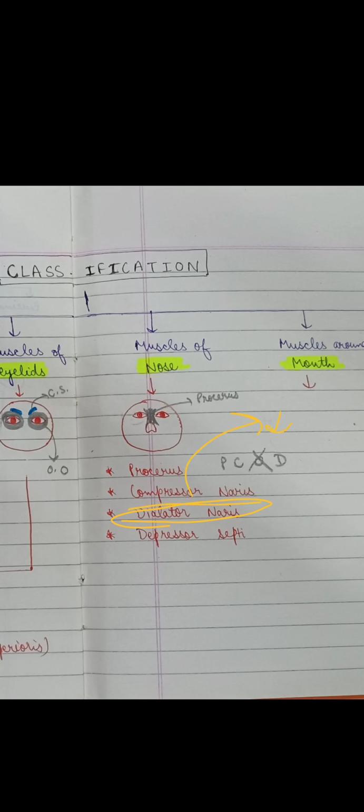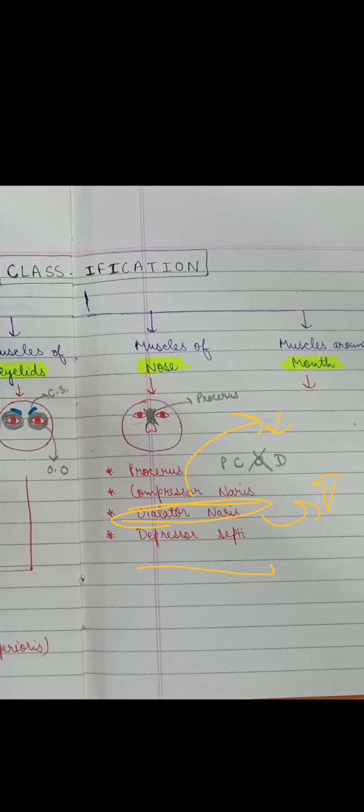As compressor naris was compressing the nostrils, dilator naris will dilate your nostrils. When your nostrils dilate, you have more air flowing into your respiratory tract. And then the last one, you have depressor septi. Depressor septi will pull your nose inferiorly.